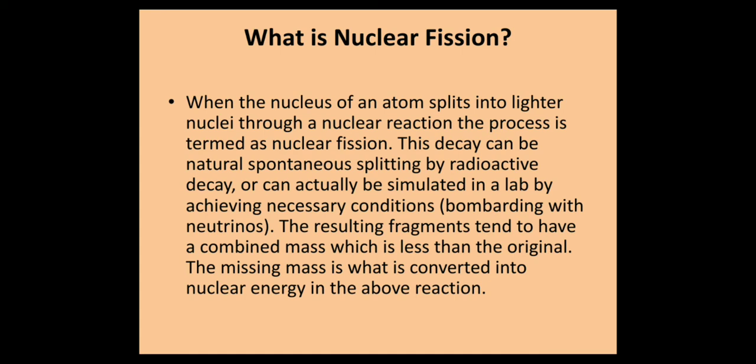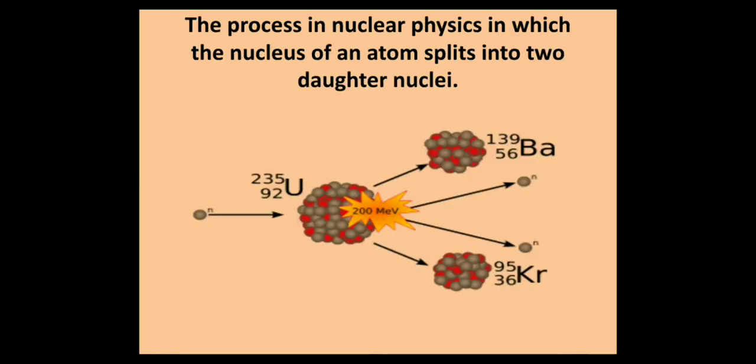The resulting fragments tend to have a combined mass which is less than the original. The missing mass is what is converted into nuclear energy in the reaction. It is the process in nuclear physics in which the nucleus of an atom splits into daughter nuclei.